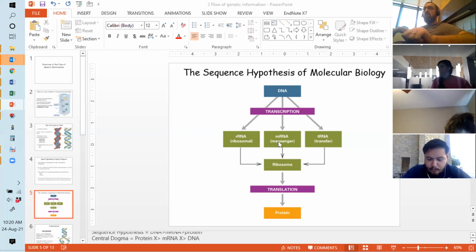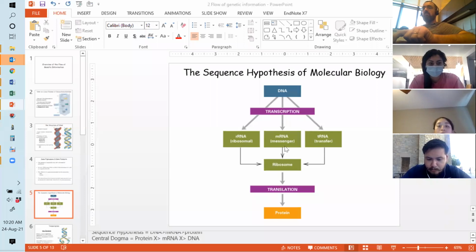Transcription is the creation of RNA, whether it's mRNA from the gene being expressed or ribosomal RNA or tRNA, transfer RNA, which are important in translation, which are also expressed from genes, obviously.